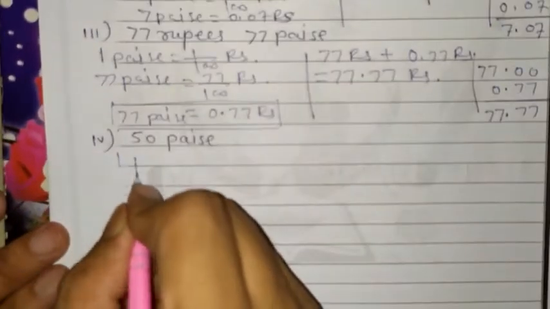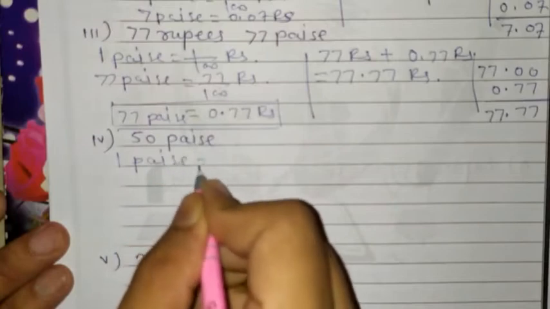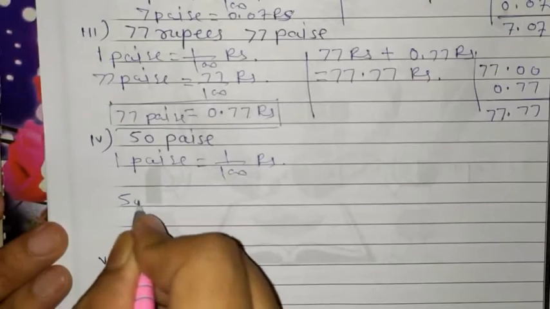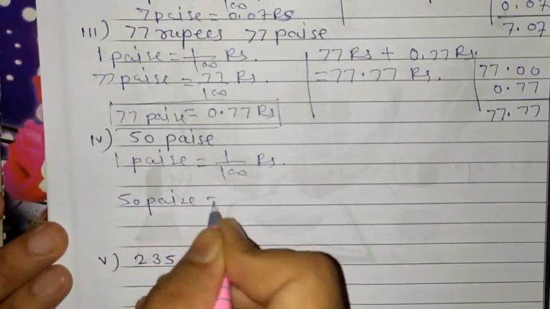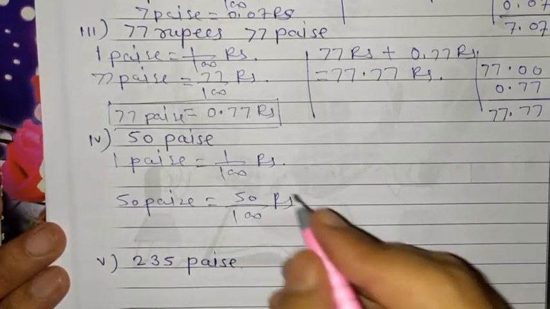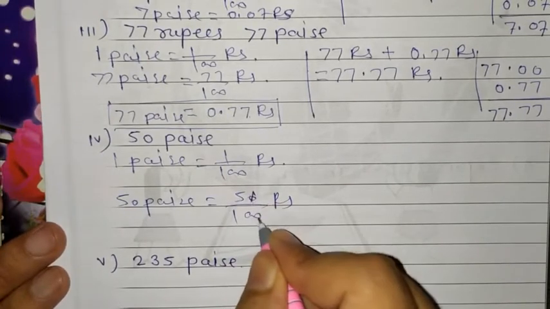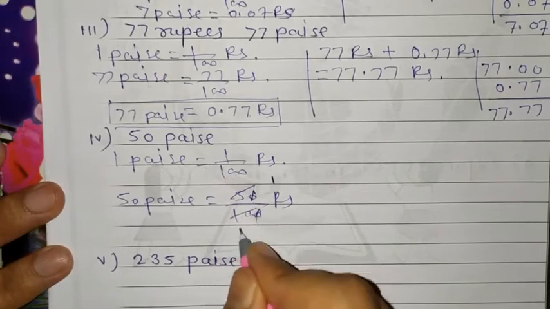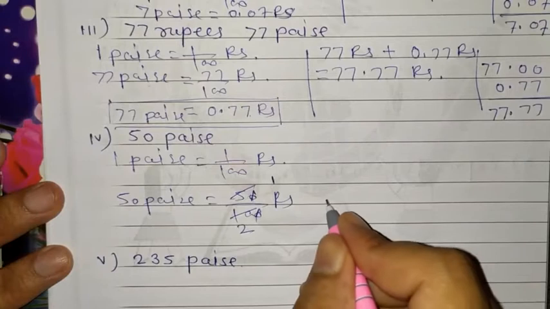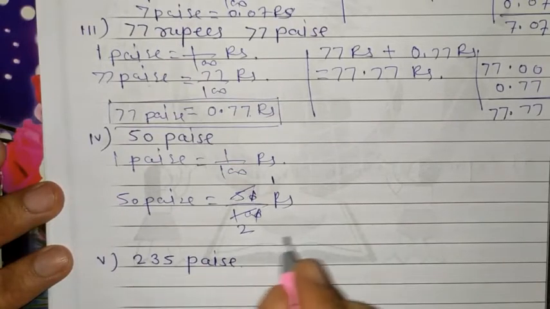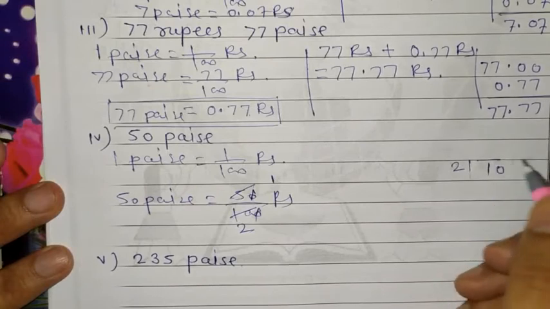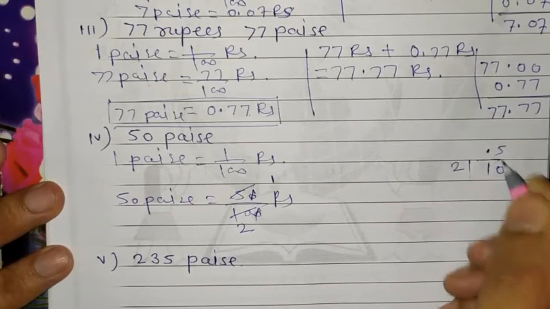Going for the fourth one. As our formula is fixed, what about the 50? 50 paise equals 50 upon 100 rupees. Here the 0 and 0 get cancelled. So 5 fives are 10, okay, so it is 1 upon 2. 1 upon 2 means you have to divide 1 by 2. 0 will be there, so here the point will be there. 2 into 5 is 10.